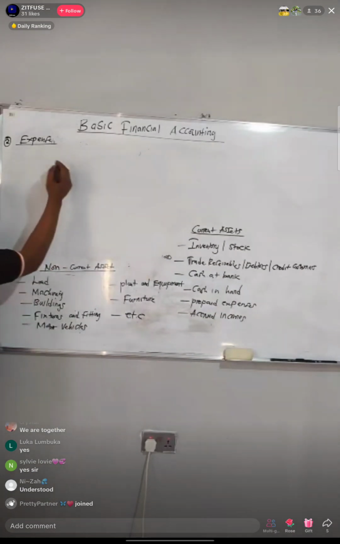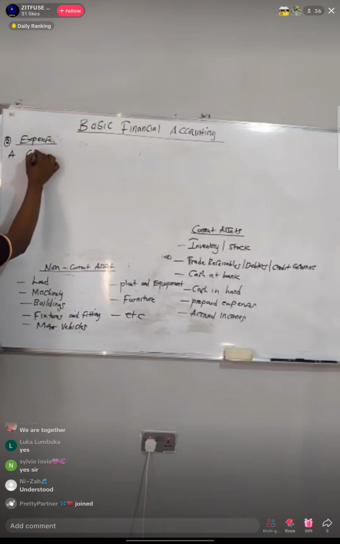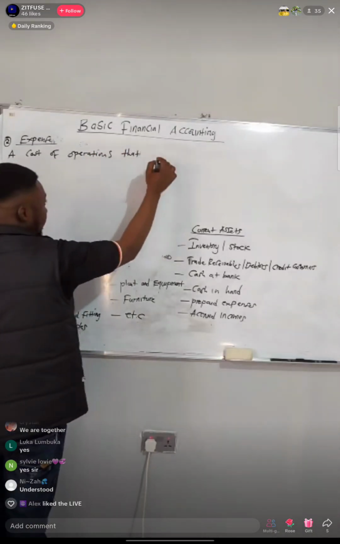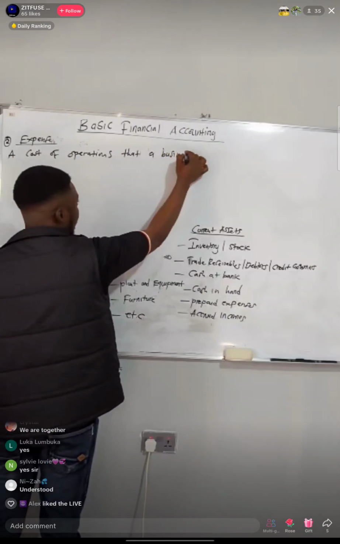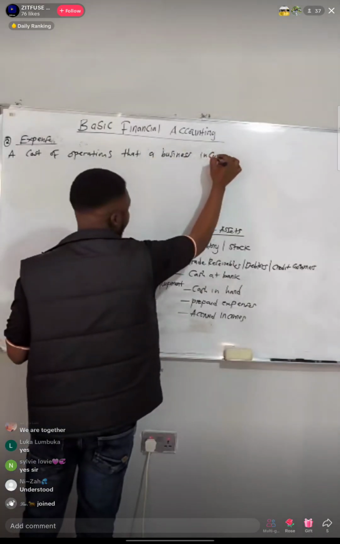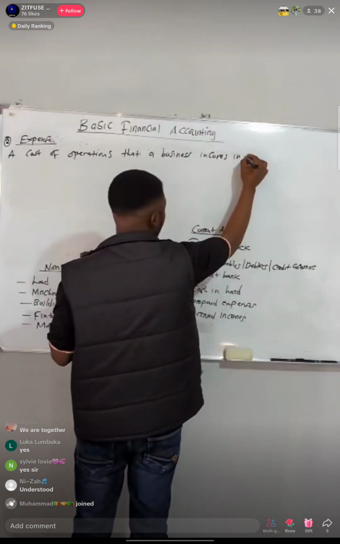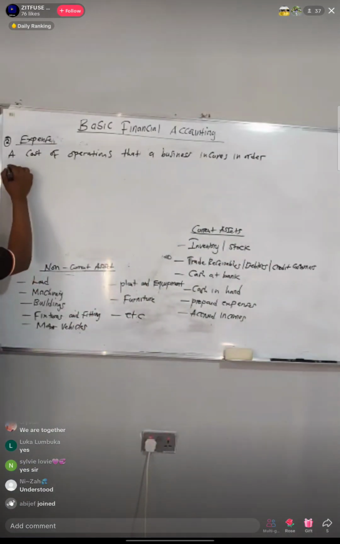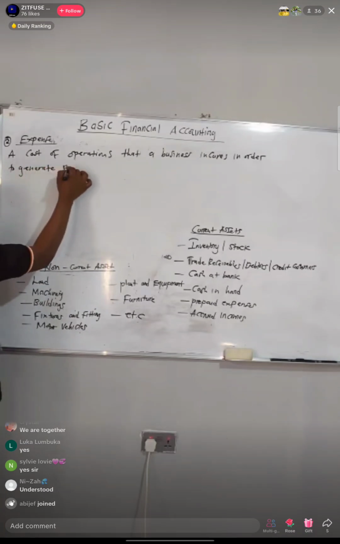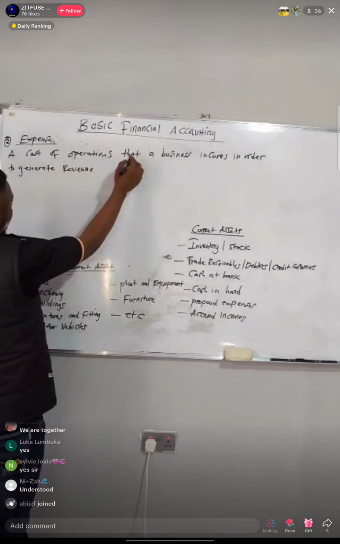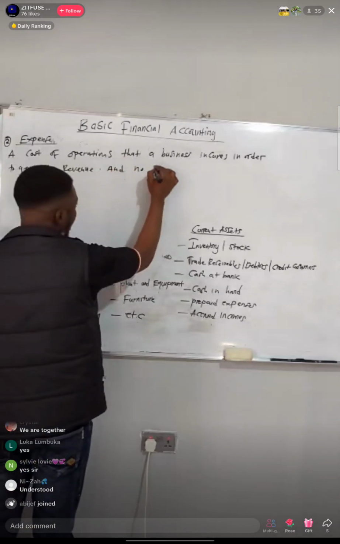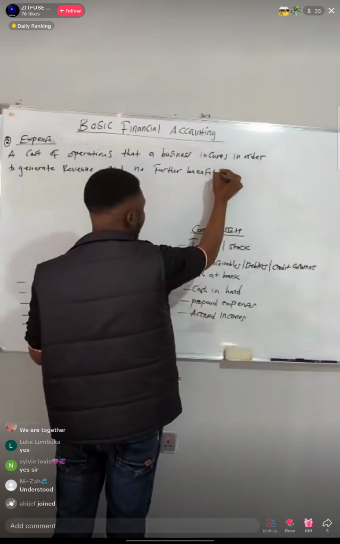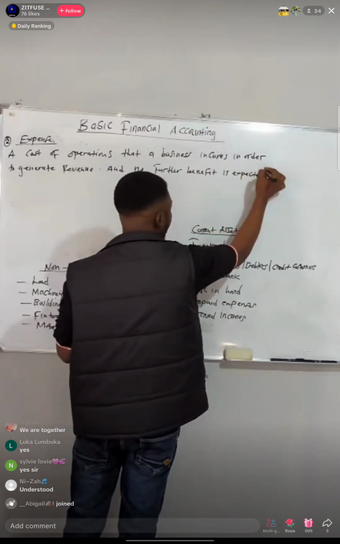An expense is simply a cost of operations that a business incurs in order to generate revenue, and no further benefit is expected to be derived from it.